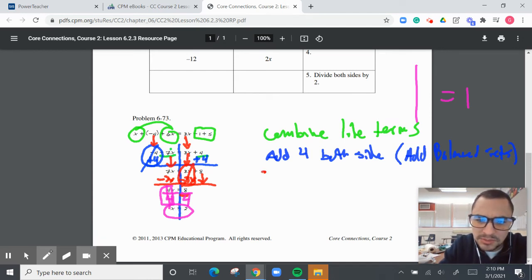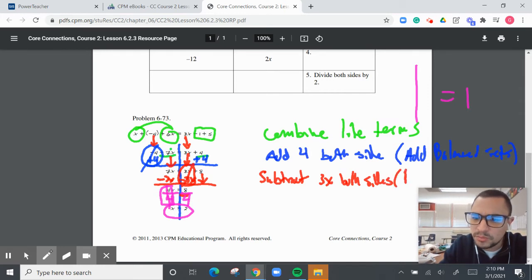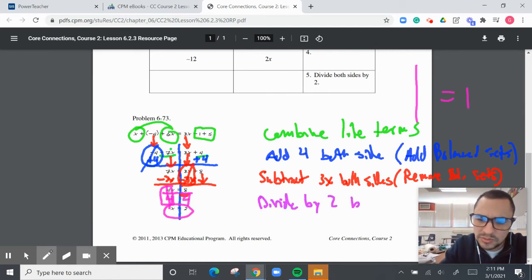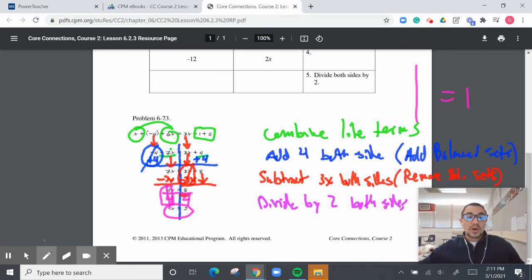So I'm going to subtract 3x both sides, which means I am removing balanced sets. All right. And then the other pink, which was we divide by 2 both sides. And we're just grouping. We're just finding what x equals. And that's it. So that's 6-73.